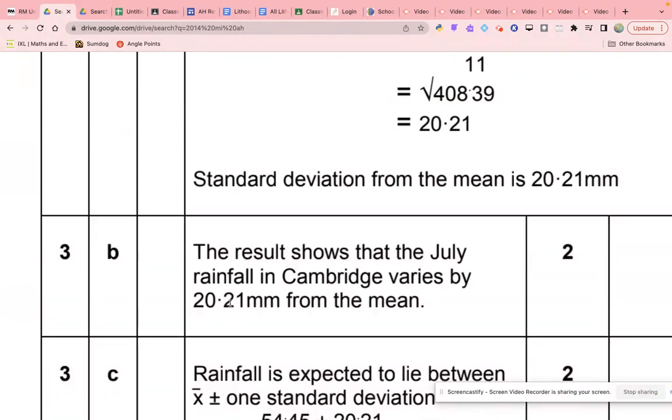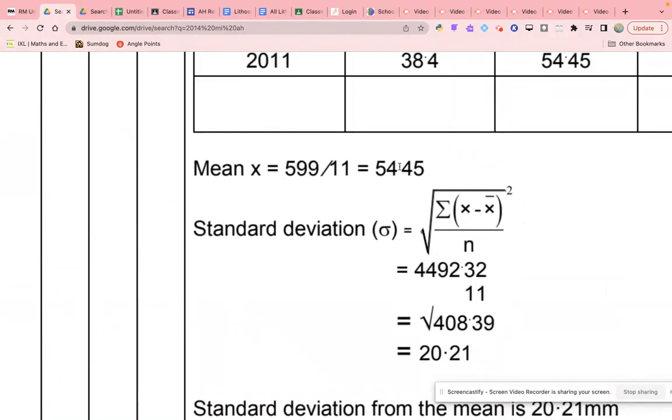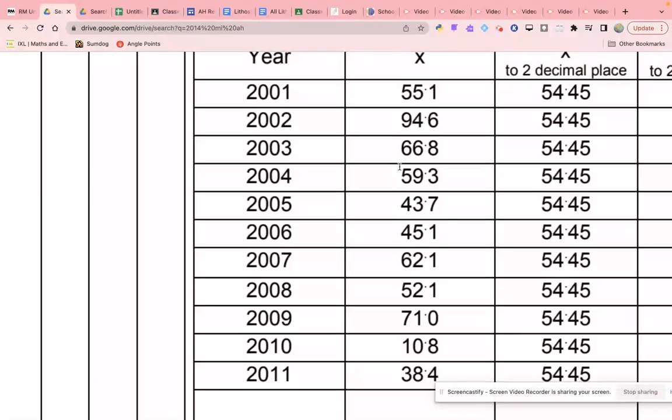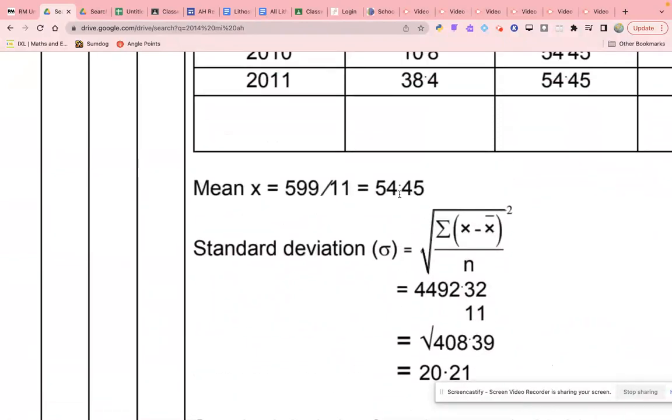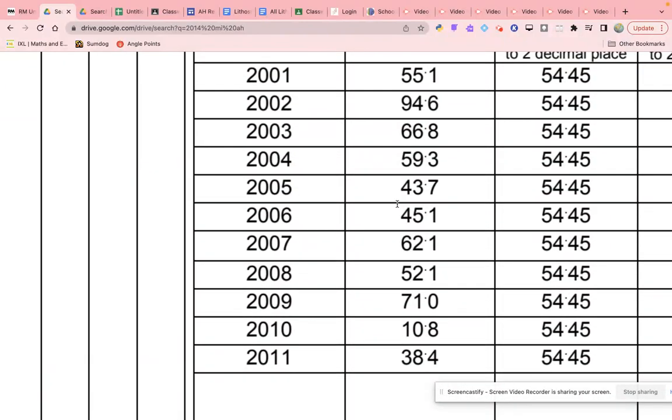20.21 around the mean of 54.45 is quite a big spread out data set. And when we look at the actual numbers, we can see our range is quite large, from 10.8 all the way up to 94.6. And our mean value, 54.45, does have a couple of values very close to it, 2008 and 2001. And it has another few values that are reasonably close, like this value here, 59.3.